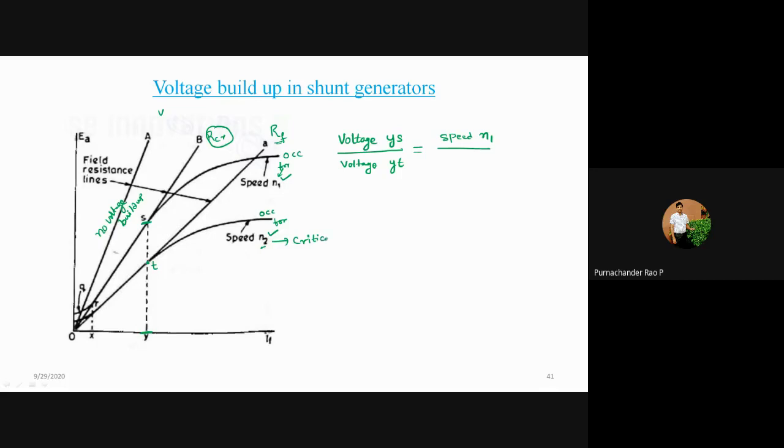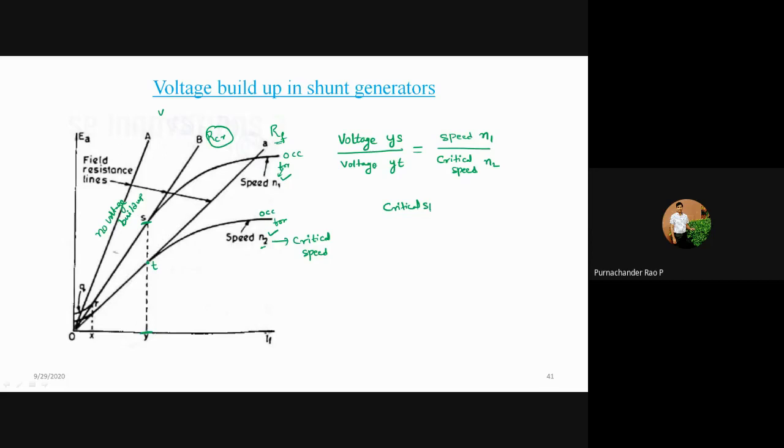The critical speed is the speed at which the open circuit characteristics is drawn such that the RF line, the field resistance line, is tangent to it. That particular speed is known as the critical speed. This is the critical speed n2.